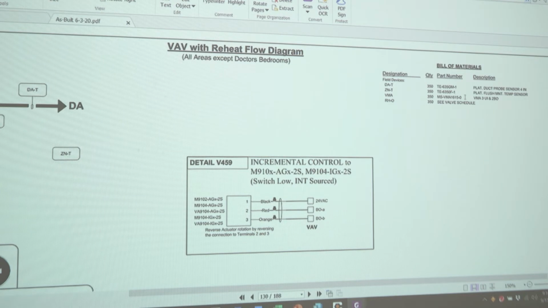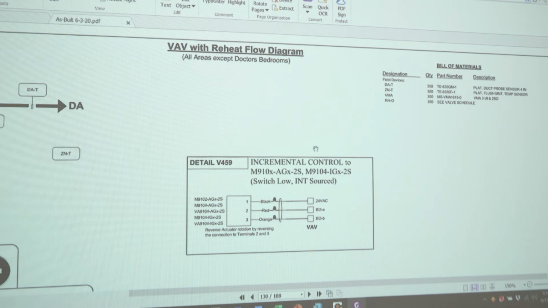Your VMA, which is your control actuator. And you have your reheat valve, which is listed on a schedule. They're basically all the same control valves throughout. They're 1/2 inch modulating hot water, normally open control valves.